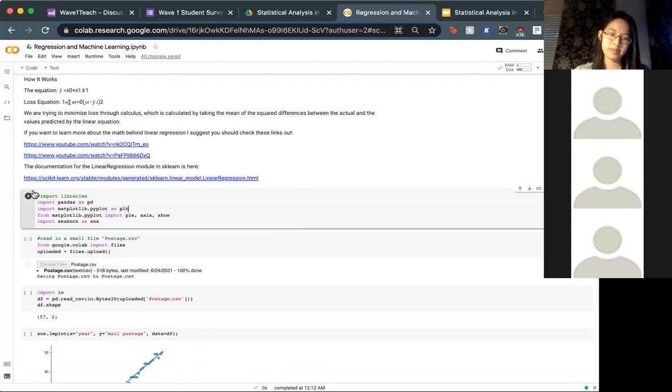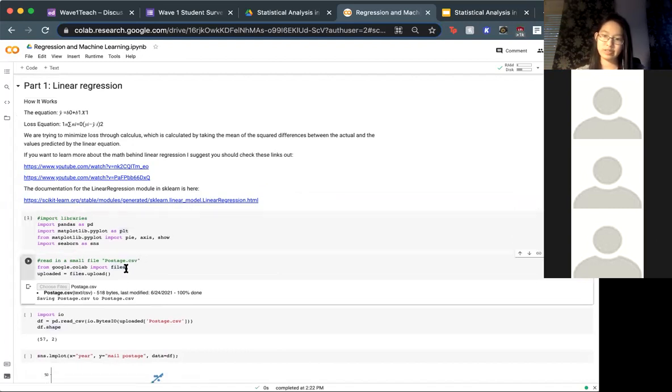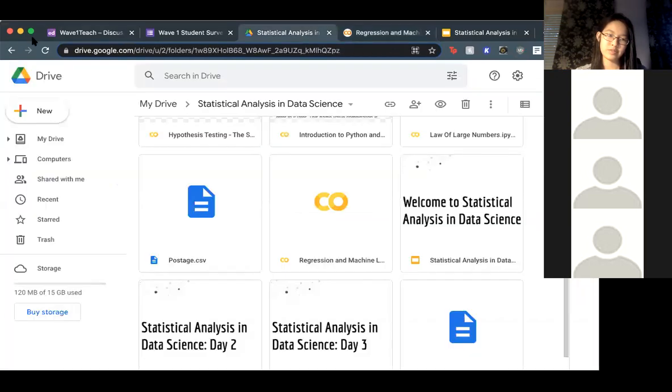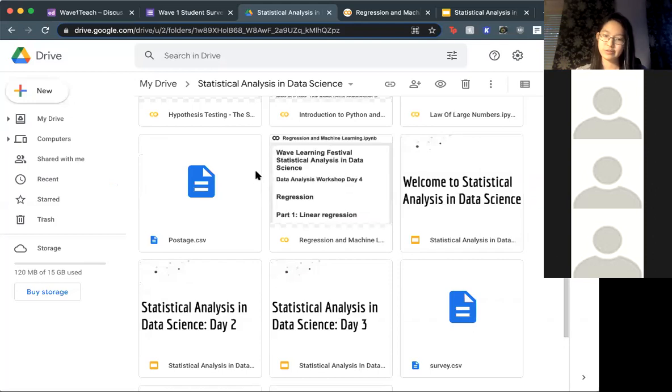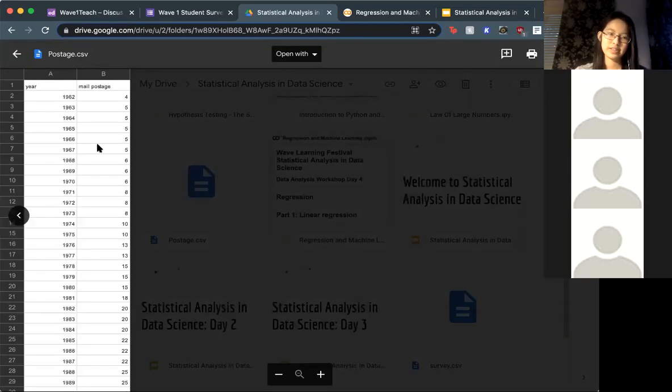As always, import your packages and libraries, because I want to graph some things for you guys. For the data set we're going to be using for linear regression, I have a postage.csv file. If you're following along, it's this file here, postage.csv. Make sure to download that for your reference.